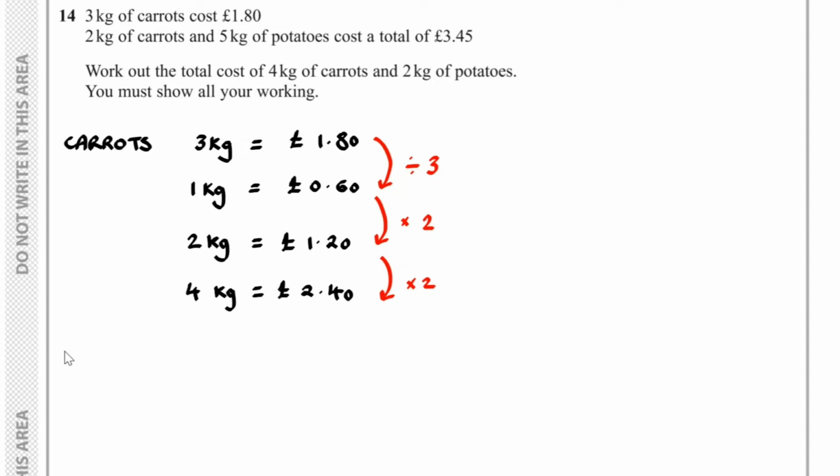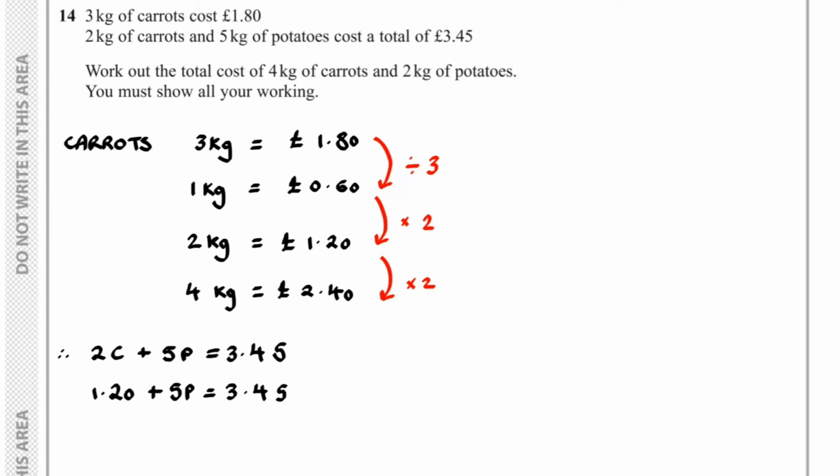Now, I've got 2 kilograms of carrots and 5 kilograms of potatoes equaling £3.45. And I know that 2 kilograms of carrots is worth £1.20. So I've got £1.20 plus 5 potatoes equals £3.45.